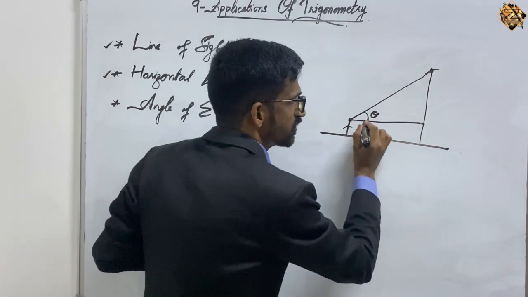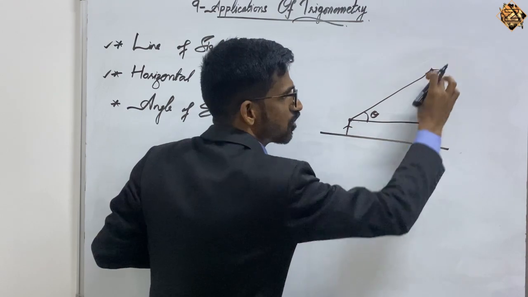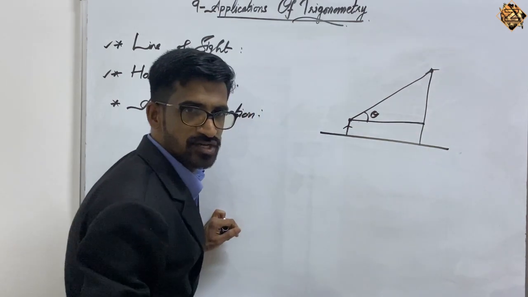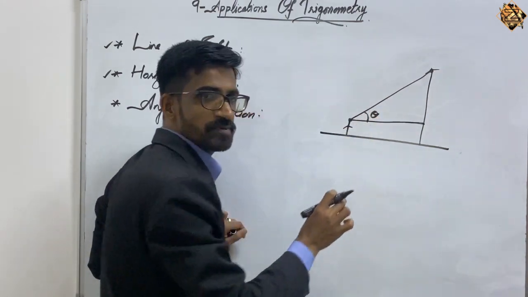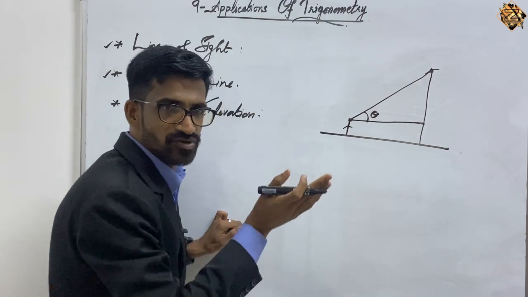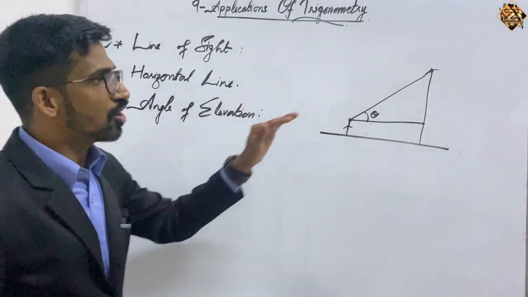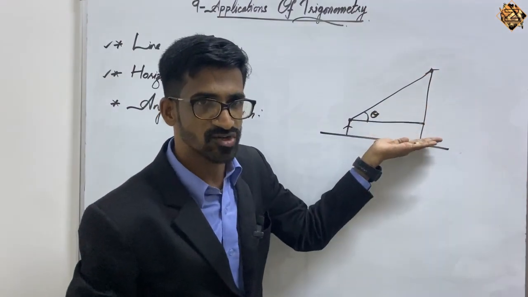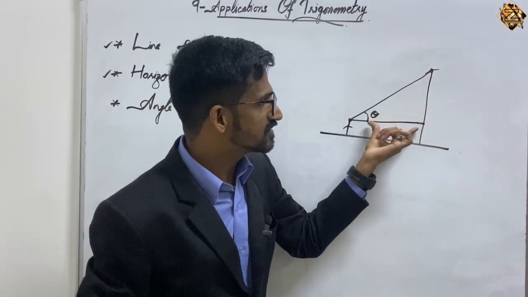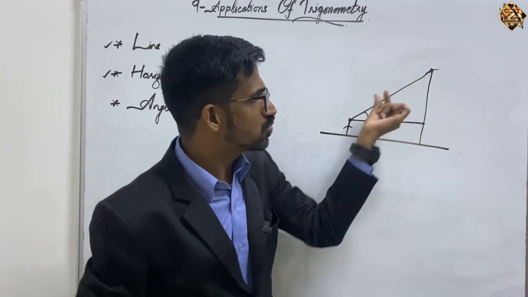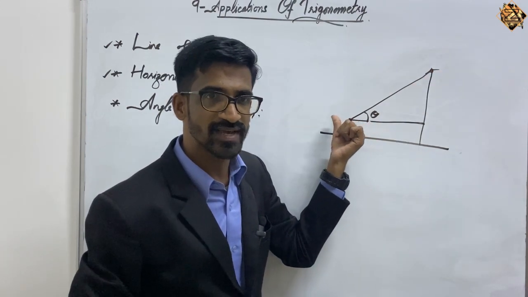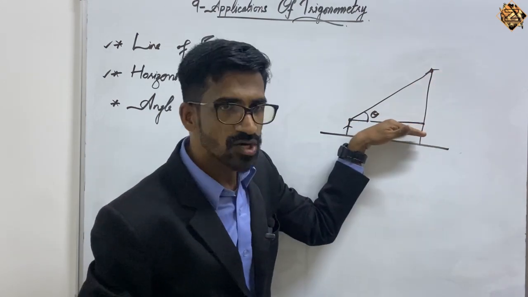Okay, here this is a horizontal line, isn't it? So the object is above the horizontal line. So we can say that the angle formed between the line of sight and horizontal line is angle of elevation. It's called angle of elevation if the object is kept above the horizontal line. Okay, here this is a horizontal line and the object the boy is looking at is above the horizontal.